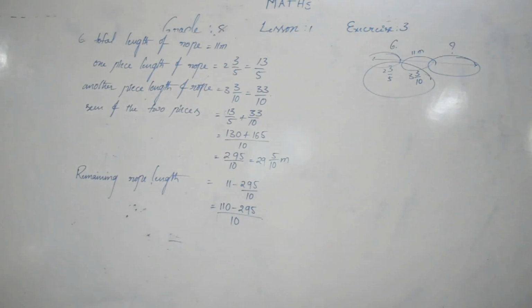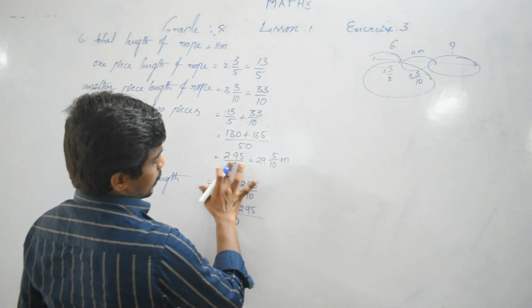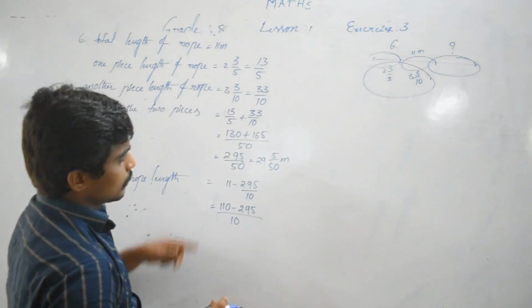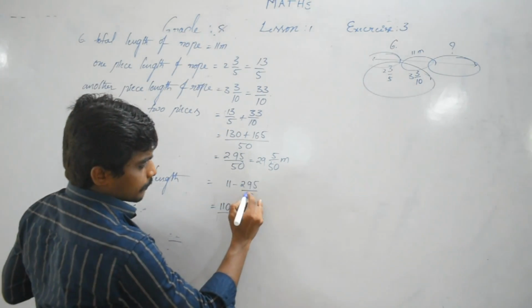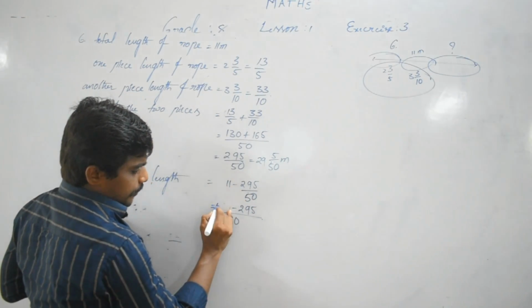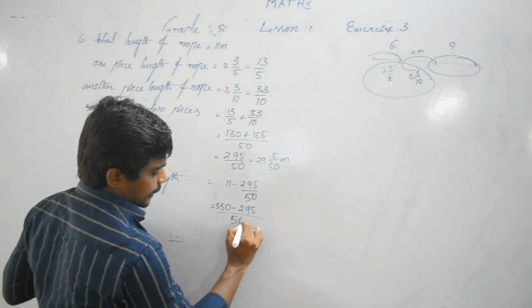Here wait, that is 5 times... 50. 5 times are 50. So 5 11s are 55 by 50.